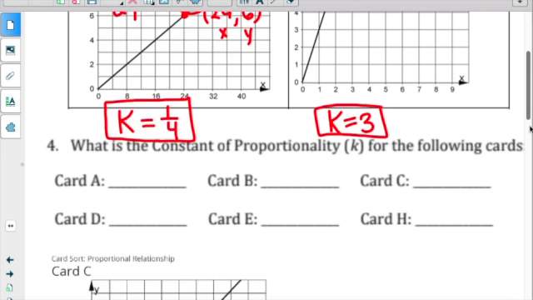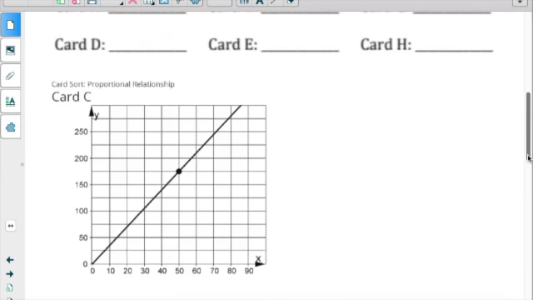Okay, and then I will also do C, letter C. This one also has the dot on it for us, so it's 50. And then if I look here, it's halfway in between 150 and 200.